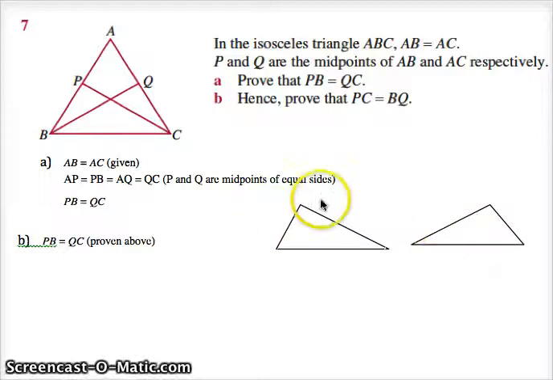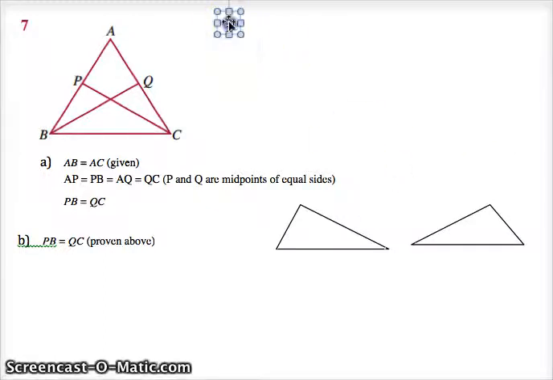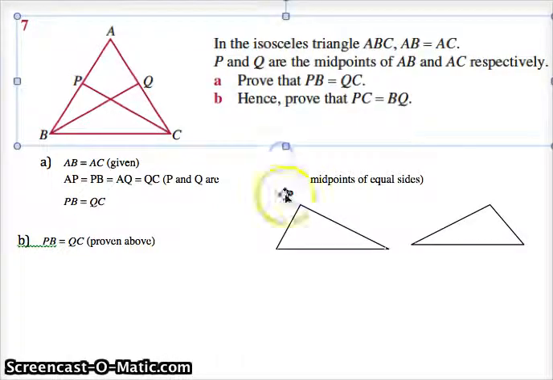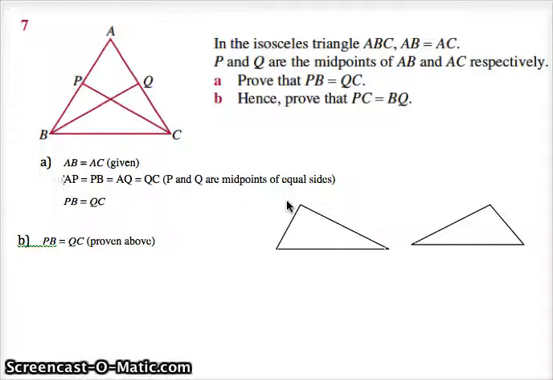So we've got PBC and QCB. I know I haven't labelled them there, but we know that PB equals QC. So that was proven above. Actually, I won't bring in the other sides because it's causing a bit of a mess here, but you know which sides are which.